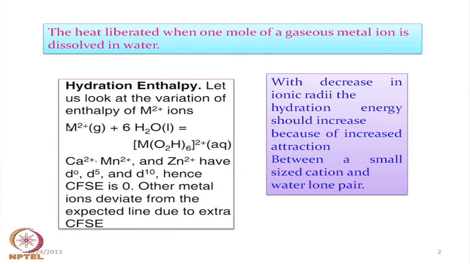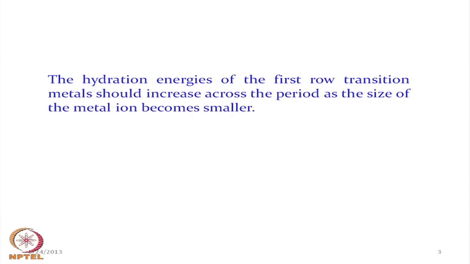We have the metal ion to oxygen interaction, and slowly the M-O bond is forming, and this interaction increases as the ionic radii change. So, if the ionic radii decrease, our hydration energy should be more.